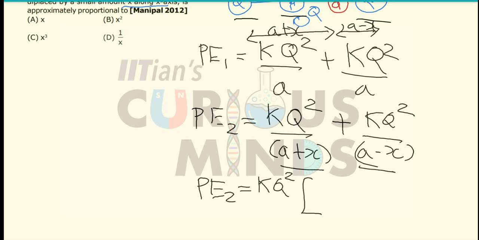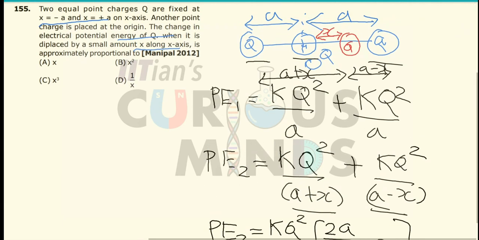In the denominator it will be a minus x times a plus x, which is a squared minus x squared, and the numerator is 2a. So the potential energy in the second case is kq squared times 2a divided by a squared minus x squared.